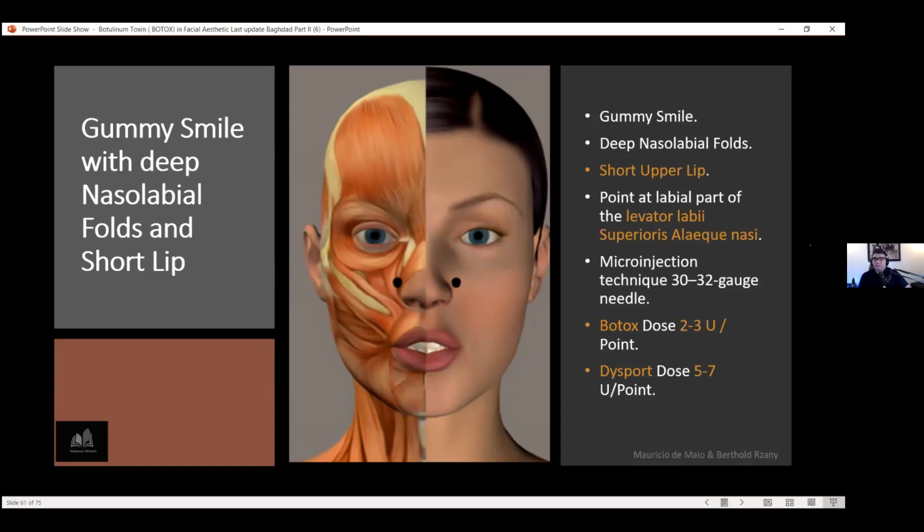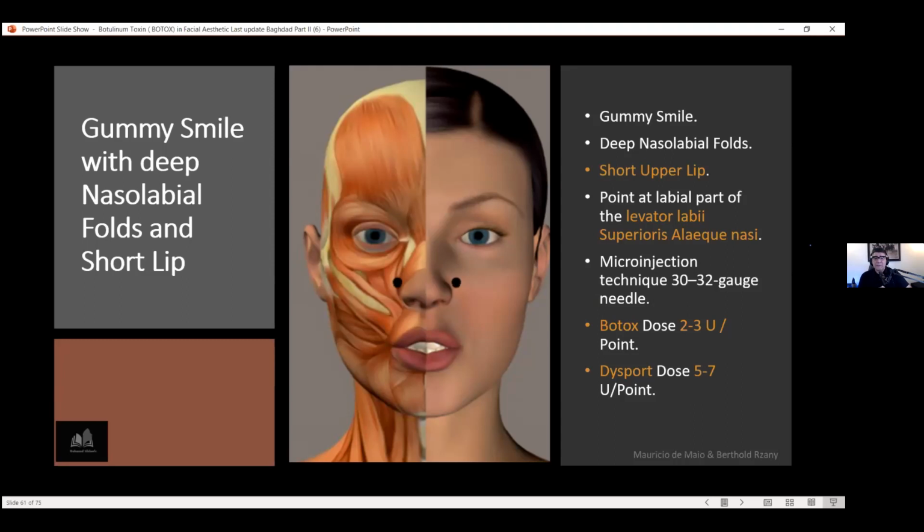So you have to think about the causative muscle for that kind of smile. Then I have to reach this muscle at the special spot to relax this gummy smile with a deep nasolabial fold.